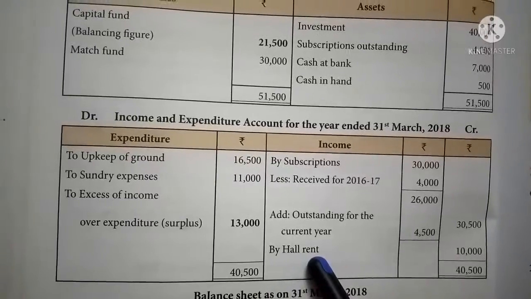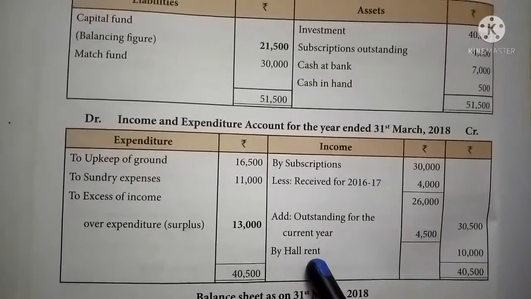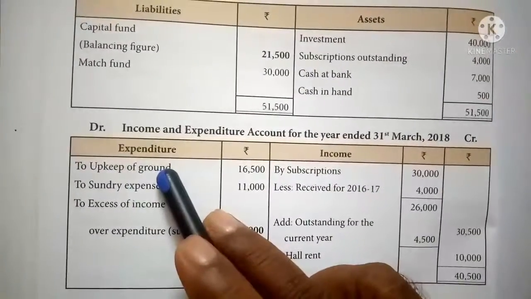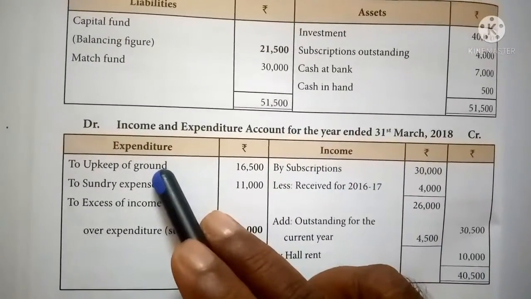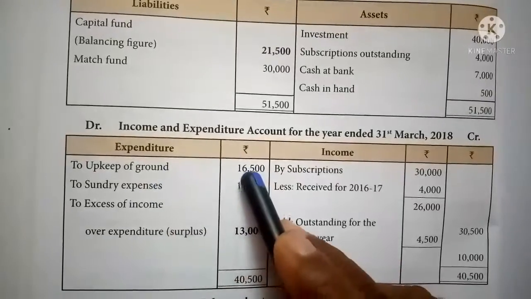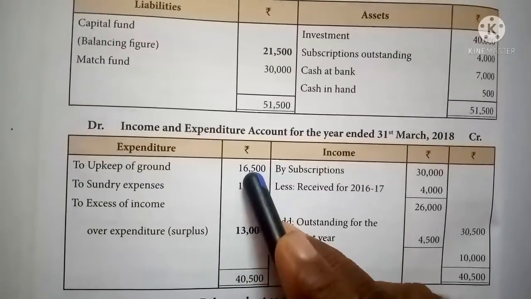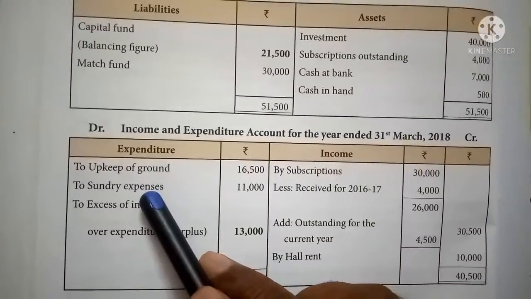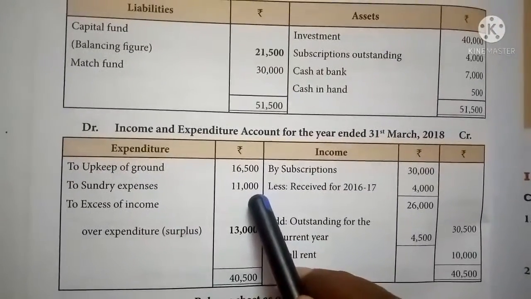Hall rent is given on the receipt side, revenue receipts 10,000. From the payment side, upkeep of ground is one of the revenue payments. It is an expense, 16,500, debit side. Sundry expense is also given on the payment side, revenue payment 11,000.